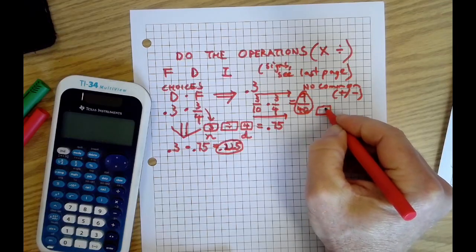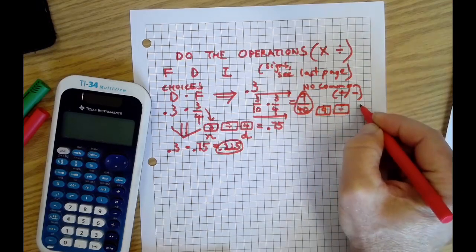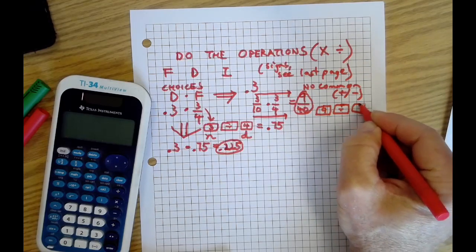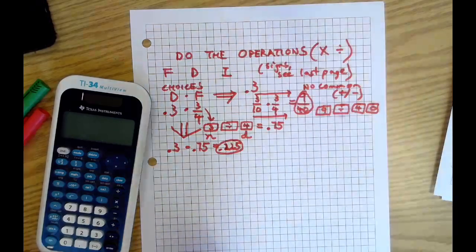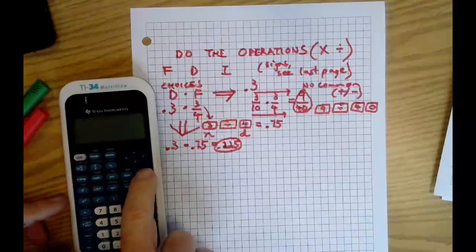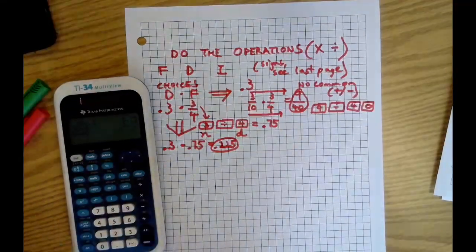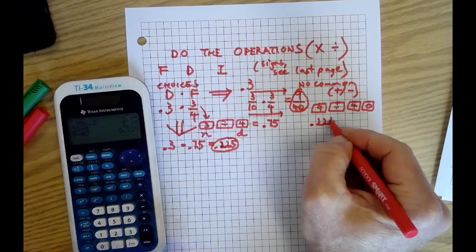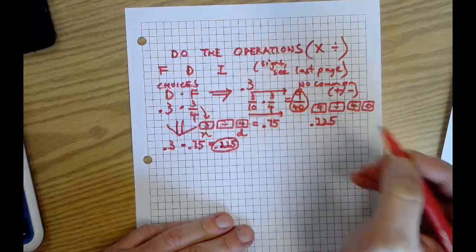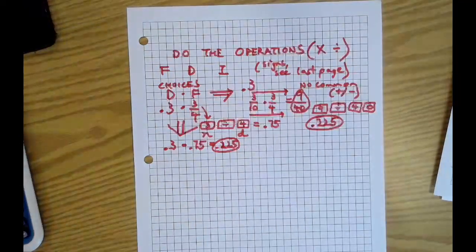If we grab the calculator and go 9 divided by 40, and guess what we get? Yeah, you knew because it's a video and I'm not going to do it over. Okay, so we get the same answer either way.